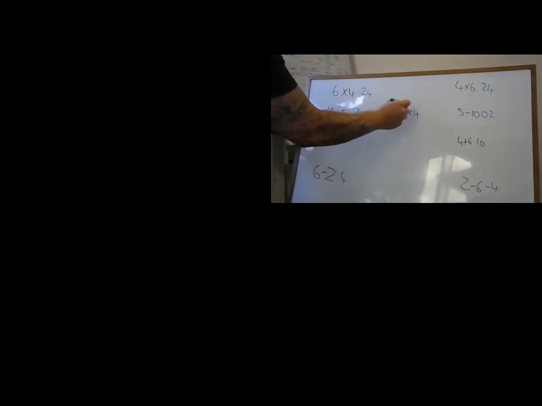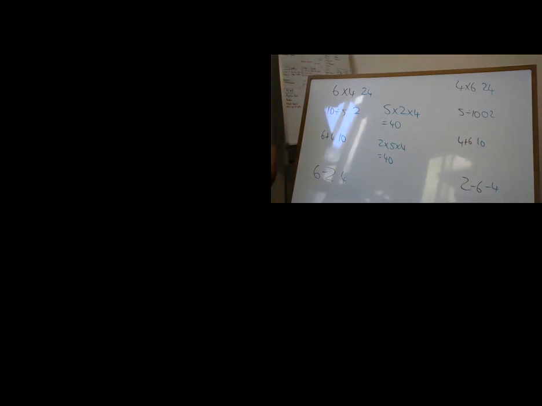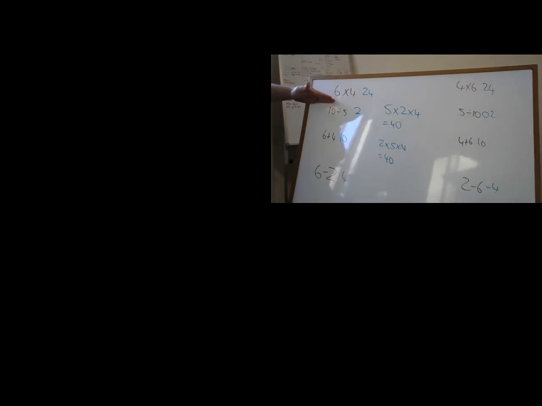So 5 times 2 times 4 is what, 40? 2 times 5 times 4 gives you the same answer. So it doesn't matter in which order you do these equations when there's multiplication. When there's division or subtraction, you have to leave it as is.